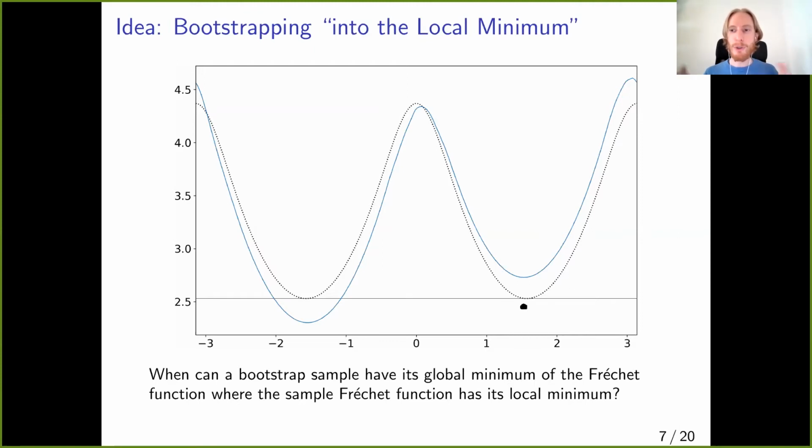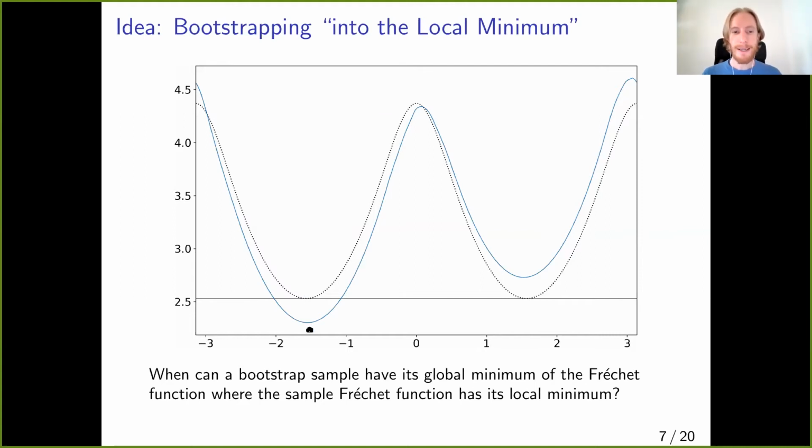So you will have some duplicate points in there and some points of your original sample will not be visited. And then for this bootstrap sample, you can again determine the bootstrap estimator. And you can do that for a number B of bootstrap samples, so let's say 1,000 or 10,000.